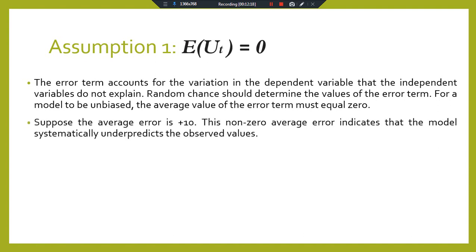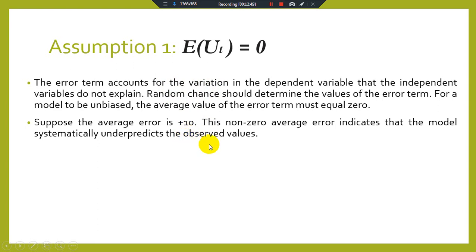Okay, suppose that the average value of the error is equal to plus or minus 10. This non-zero average value of error indicates that the model systematically underpredicts the observed values. Either a minus 10 or plus 10 indicates that we are not following the assumption that the sum of the error values is 0.